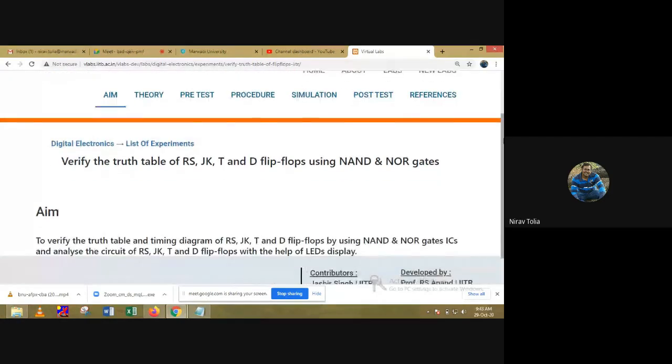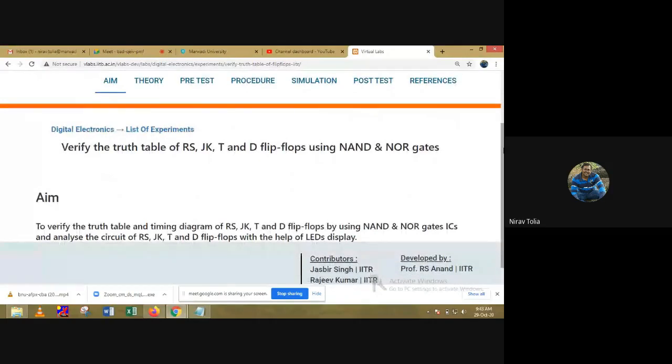So this is the aim. The aim of the experiment is to verify the truth table and timing diagram of RS, JK, T and D flip-flops by using NAND and NOR gate ICs, and analyze the circuit of the flip-flops with the help of an LED display.